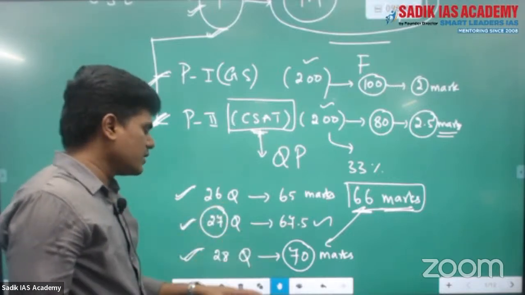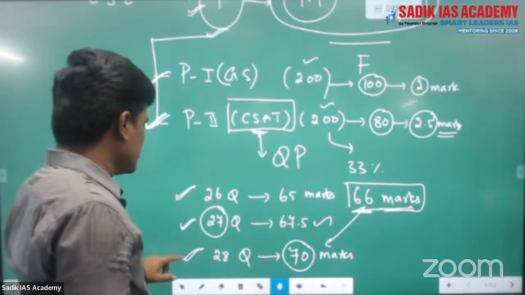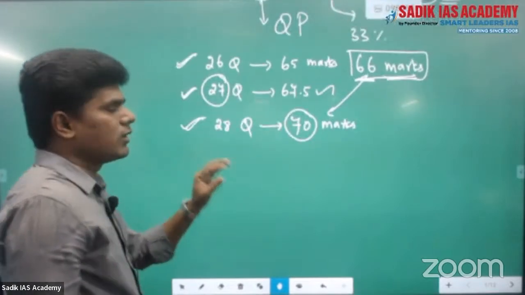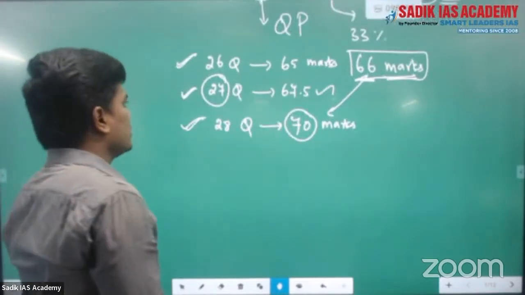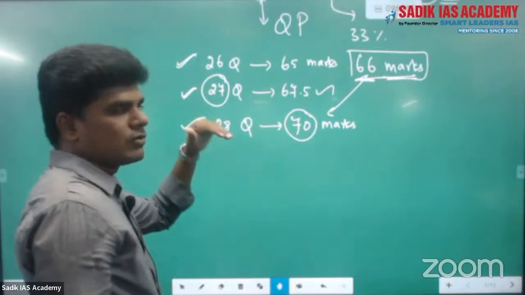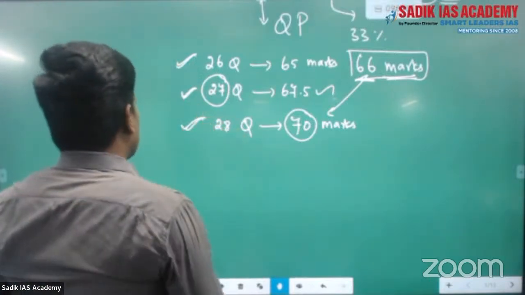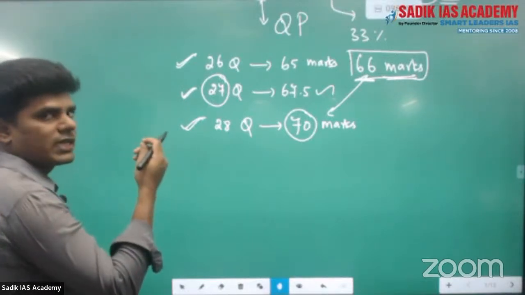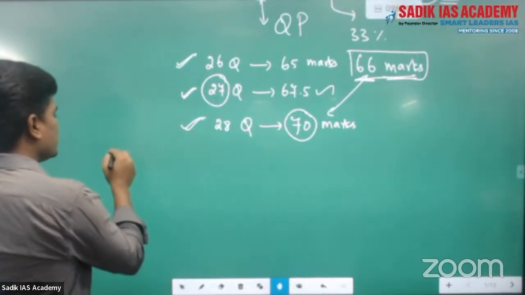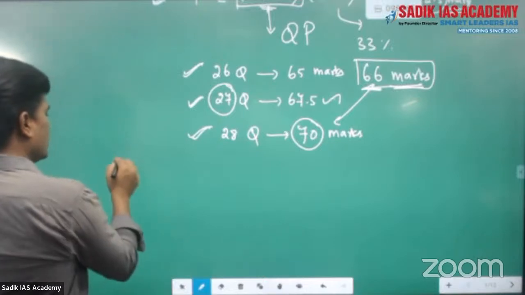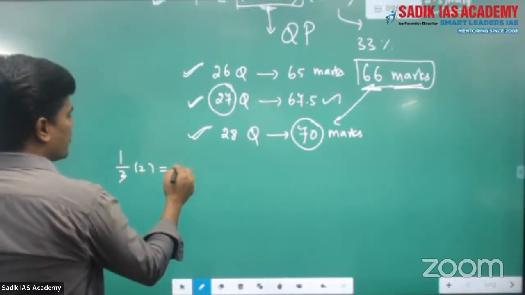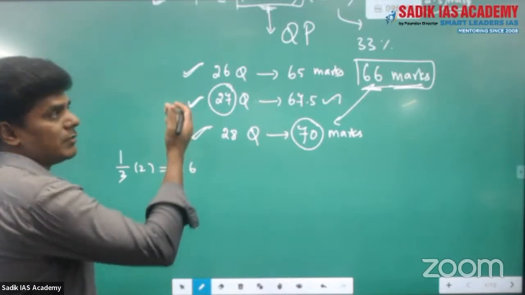28 is the safer side. And there is another twist here. The twist is, it has negative marking. The negative mark, for paper 1 or paper 2, is 1/3. For paper 1, every question carries 2 marks, so 1/3 of 2 is going to be 0.66 in the case of paper 1.